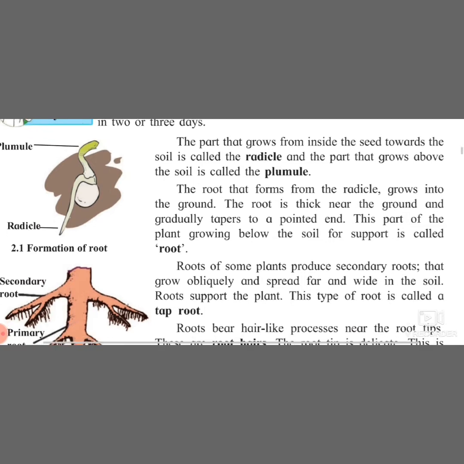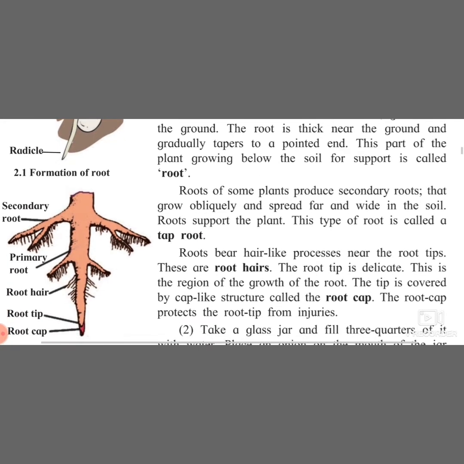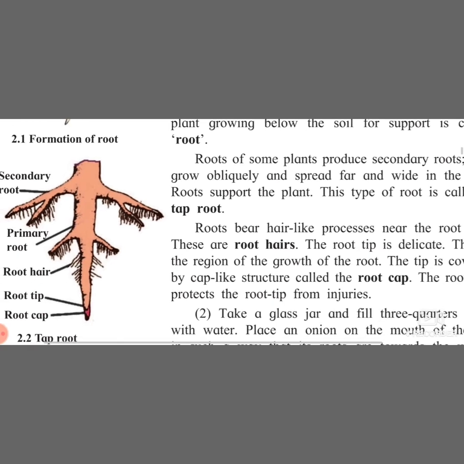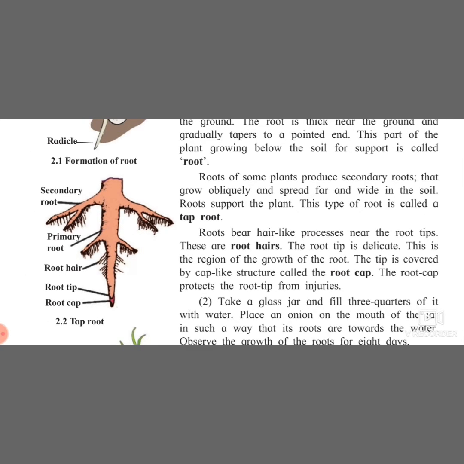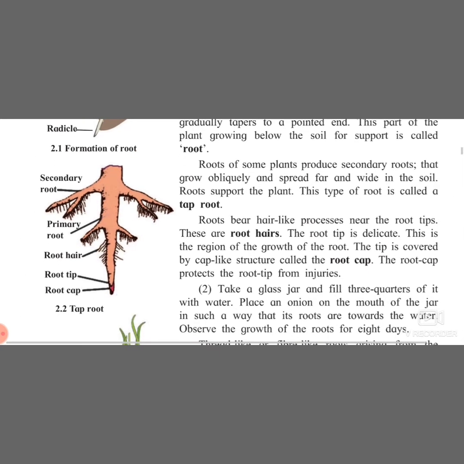Now, roots, we almost know them. There are two types of root which we have studied in 6th standard. One was the fibrous and another one was the taproot. Now you can see an orange colored thing over here. Yes, this is one picture of the taproot. So what they have described over here, roots of some plants produce secondary roots, primary roots and secondary roots.